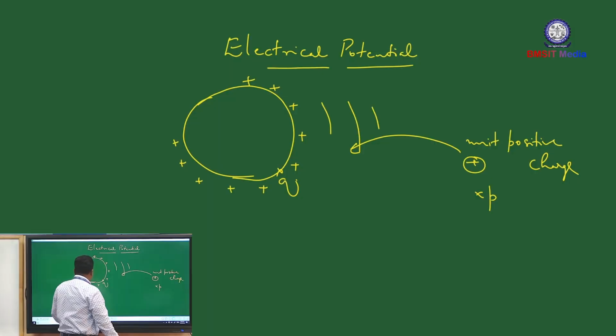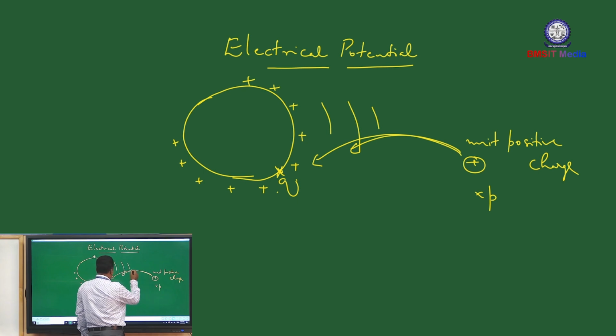So the electric potential at any point on a charged conductor is defined as the amount of work done in moving a unit positive charge from a point at infinity to this point against the field.